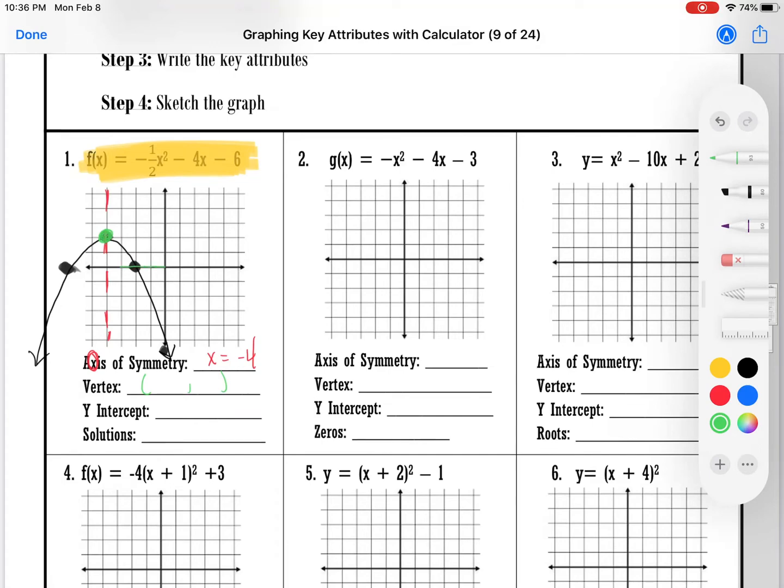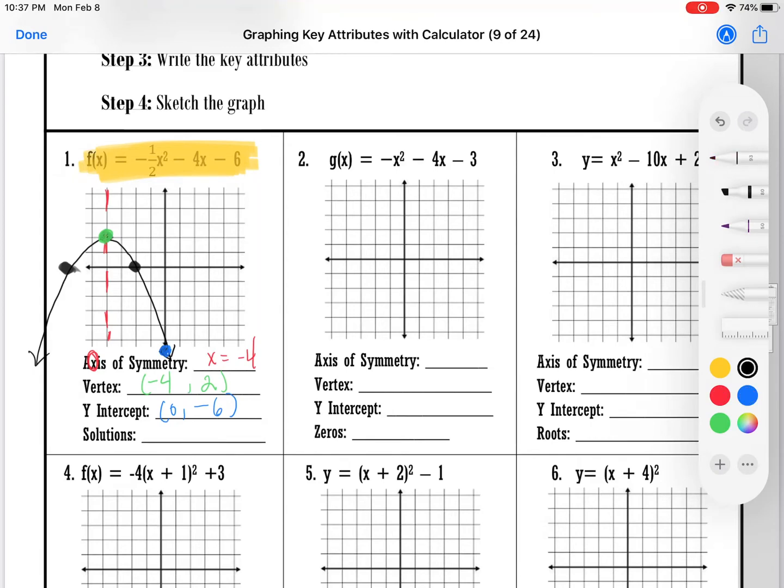To get there, you go left 1, 2, 3, 4, and up 1, 2. Left 4, up 2. My y-intercept is where my line crosses my y-axis, which we said was right here, and it was at 0, -6.